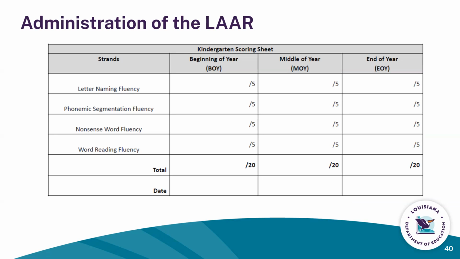Again, these are students that have already been identified as eligible for an alternate assessment. So these scores are reported on the LAR only, not on DIBELS. And then the school systems would submit these overall scores to our assessment and accountability team here at LDOE.